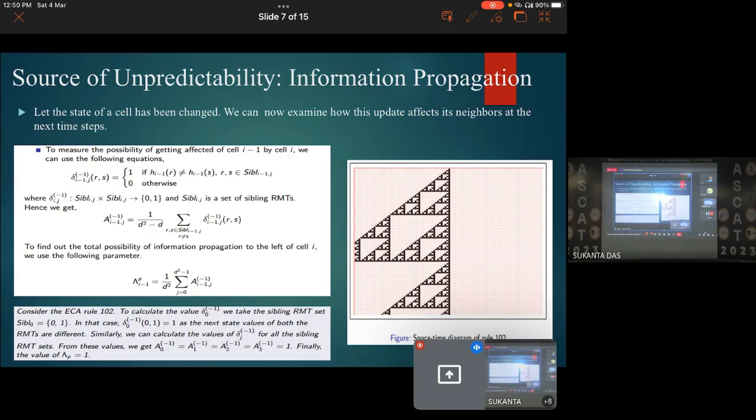So here on the right side we can see one figure where we have added one information, and for adding information to the right, we have the information change at the left. By calculating this we have obtained that in case of rule 102, an elementary rule of two state three neighborhood cellular automata, the value of this left propagation is 1.